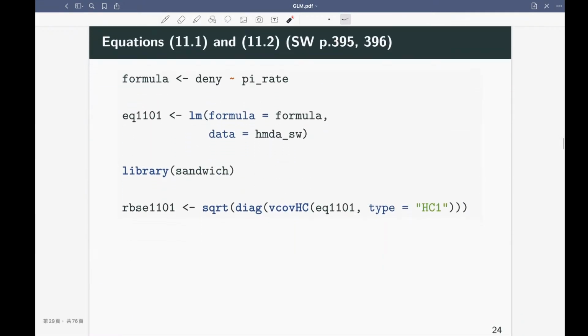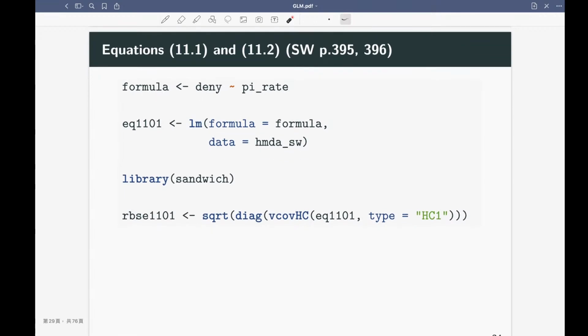And now we have an example here. At first, y is deny, and we use one regressor, pi rate.